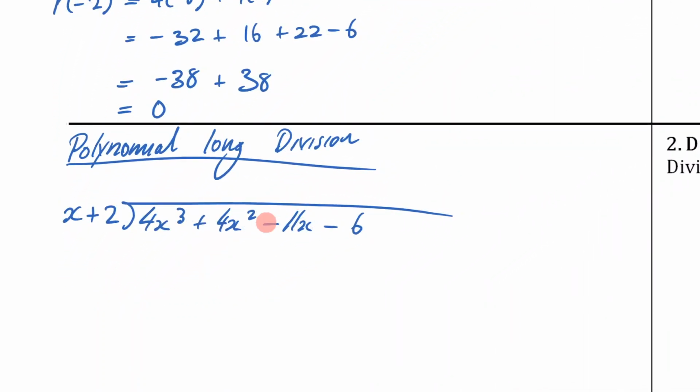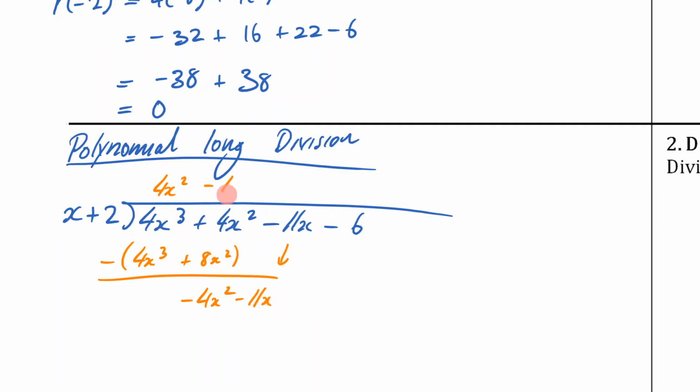Remember, by doing this, what we're going to be finding is our other factor. So this is going to be 4x squared: 4x cubed plus 8x squared, brackets, minus. This will be negative 4x squared, carry down negative 11x.